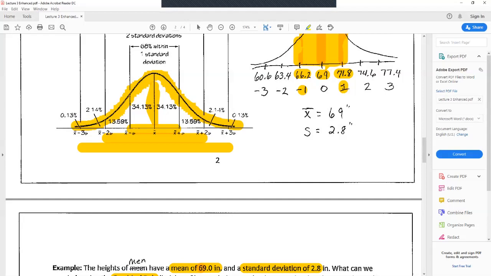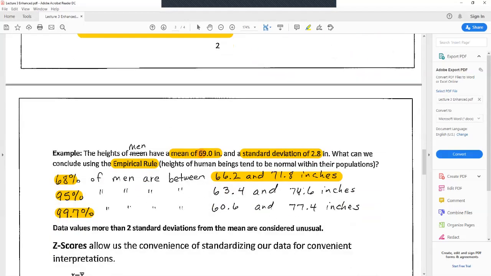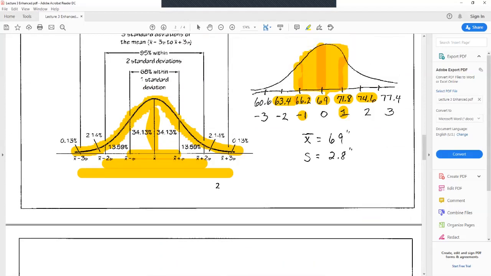If I add another 2.8 and subtract another 2.8, then I end up at 74.6 on the high end and 63.4 on the low end. Well, that means that 95% of all men are in this range, the 63.4 to 74.6 inch range. And finally, let's add another 2.8 and subtract another 2.8. And what does that tell us?